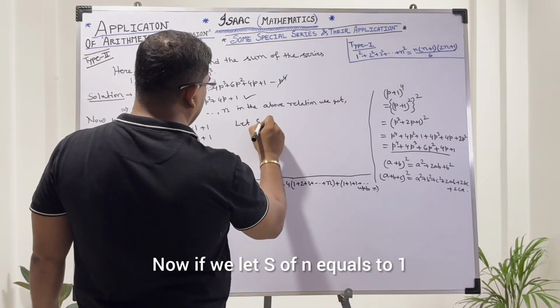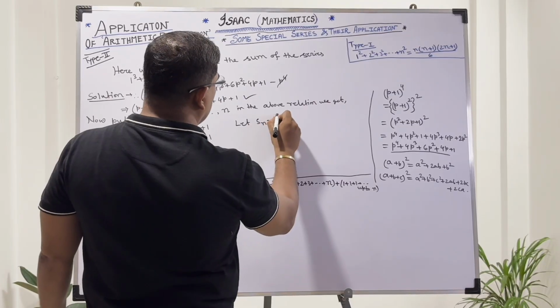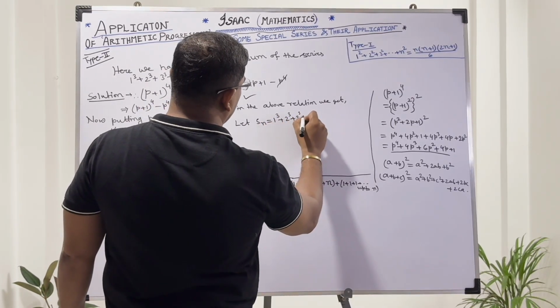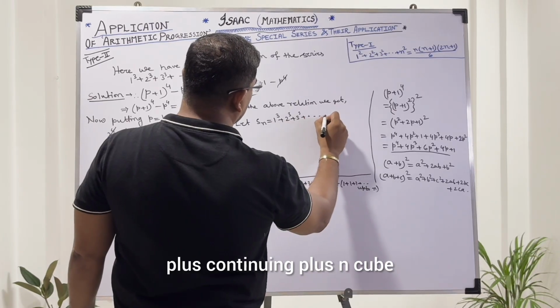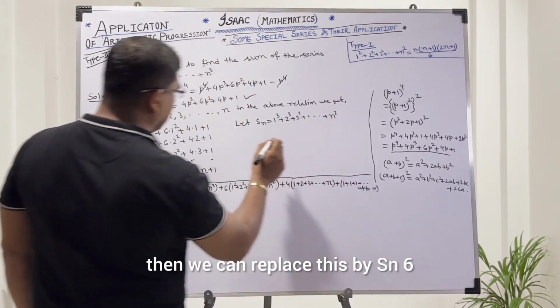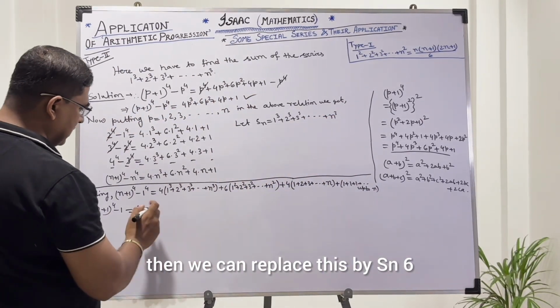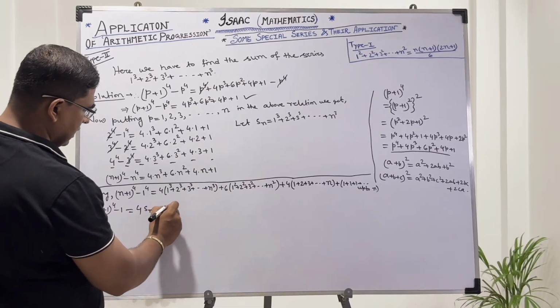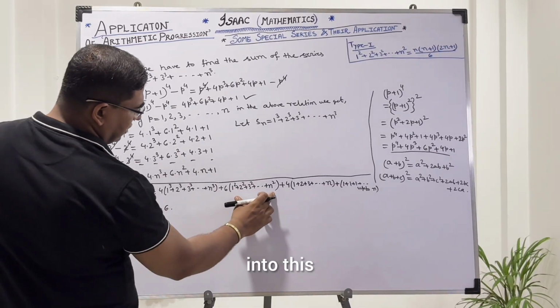Now if we let S_n = 1^3 + 2^3 + 3^3 + continuing plus n^3, then we can replace this by S_n. 6 into this.